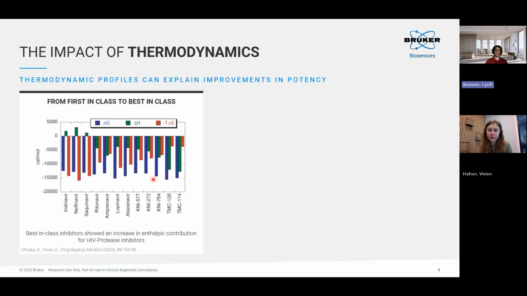You start initially with a compound that is mostly driven by entropic contribution, basically the chaos in the system, whereas the best-in-class compounds, those with the highest potency, and also those which have been shown to be best suited against mutant versions, are mostly driven by enthalpic contribution, so H bonding and similar elements.